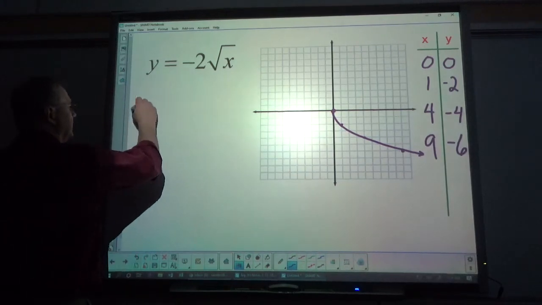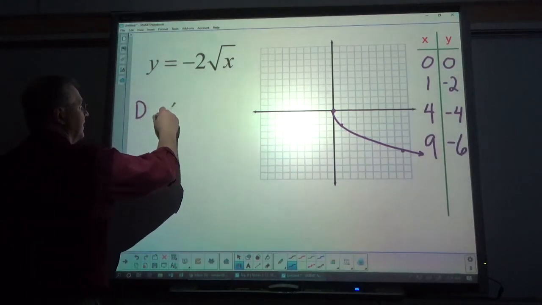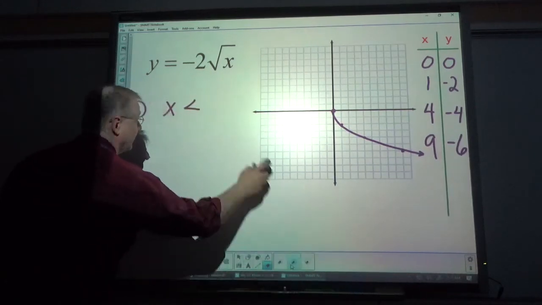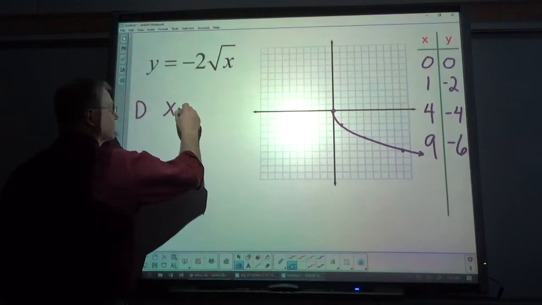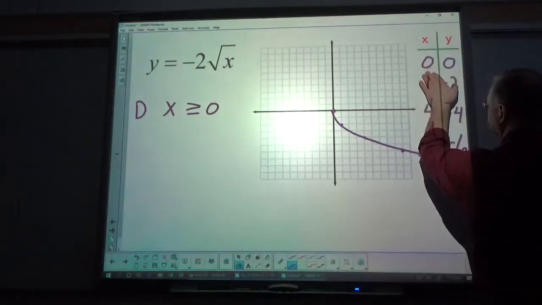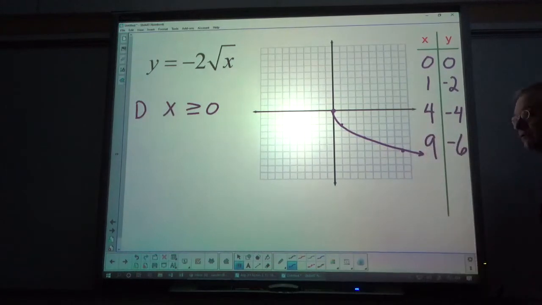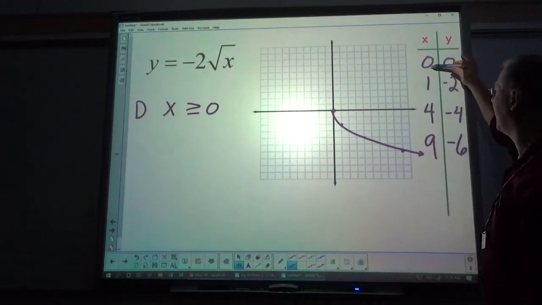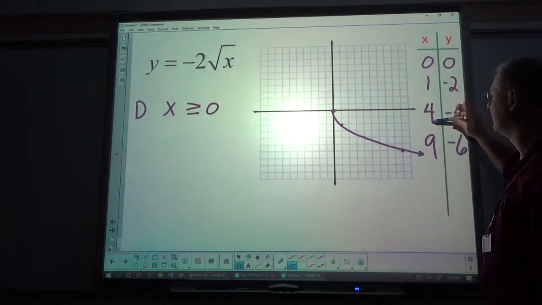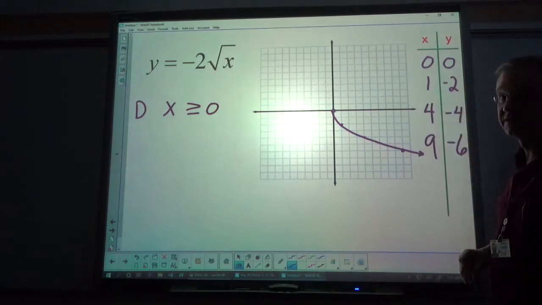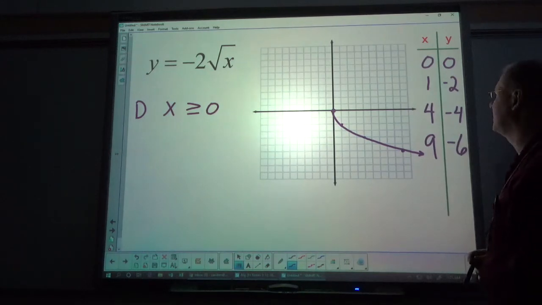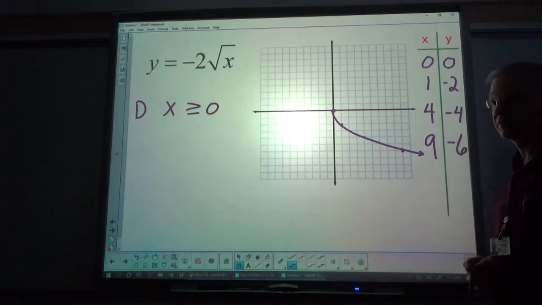The domain is going to be x greater than, not y, x greater than or equal to 0. Because if you look at this side, it's all the numbers greater than or equal to 0. Now, just because I picked numbers that were 1, 4, 9, and 0, doesn't mean you can't have values in between there. We just tend not to use them because they're long decimals.